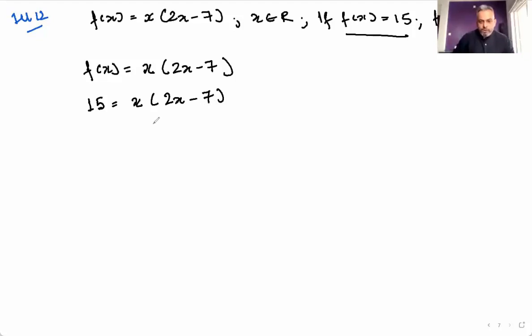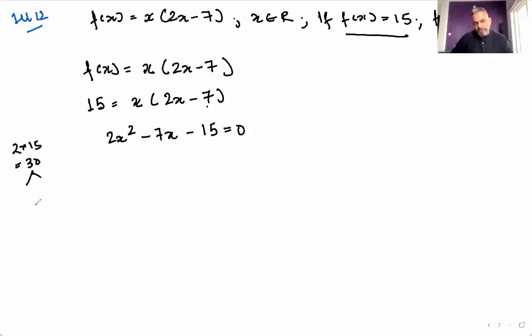Now we have to open the brackets. So it will be x into 2x is 2x squared minus x into 7 is 7x, minus 15 is equal to 0. Now 2 into 15 is 30.